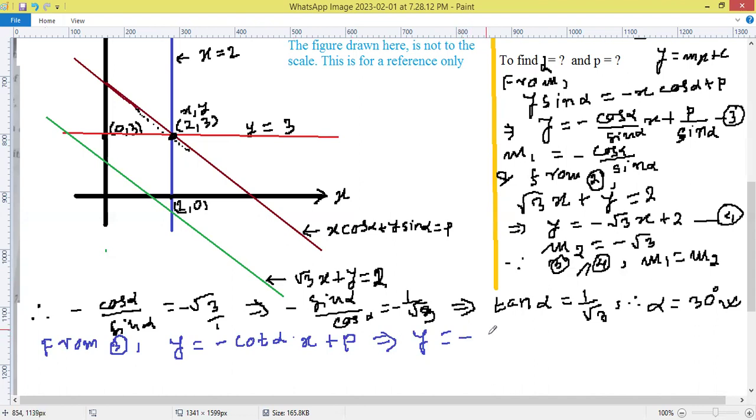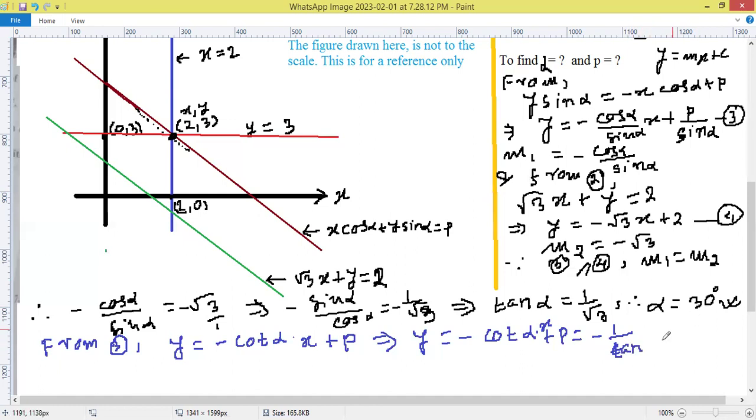y equals, put the value of that angle alpha. So this is minus cot alpha, and then there is x, and then cot means 1 by tan alpha.